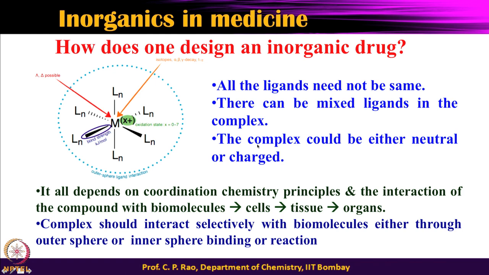Okay, having studied a couple of lectures on inorganic chemistry, inorganic complexes in drugs, inorganic complexes in therapy, I have also introduced to you in the beginning that one can plan to design an inorganic drug either for a therapy or for a diagnosis, or even for some kind of a coating, or even for some kind of a protection.